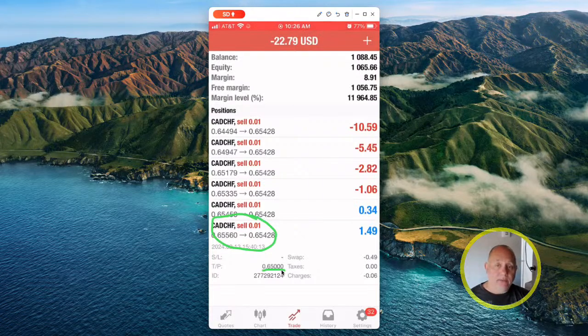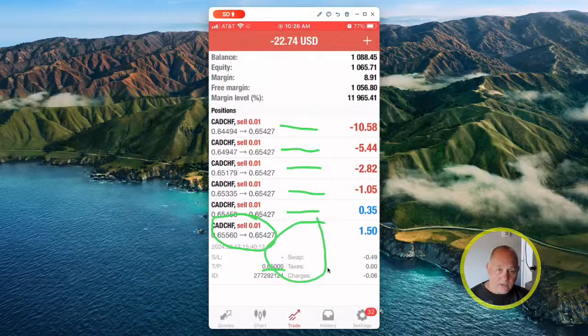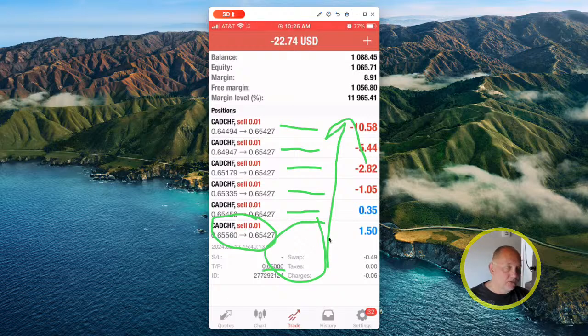It's a slow moving pair, which is good, especially if you're taking the free signals and you're just starting. Open up CAD Chief right now, hit sell, and you don't have to be in these other trades, right? Because this one is going to be profitable as it moves in the right direction, in the sell direction. So I believe that's it. I can go ahead and leave that.